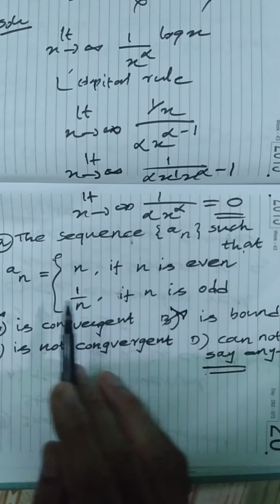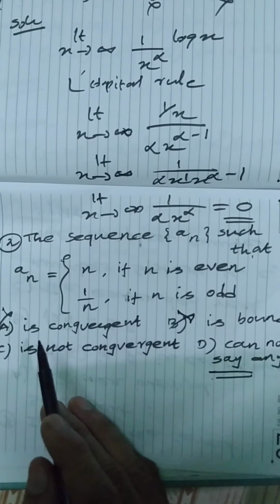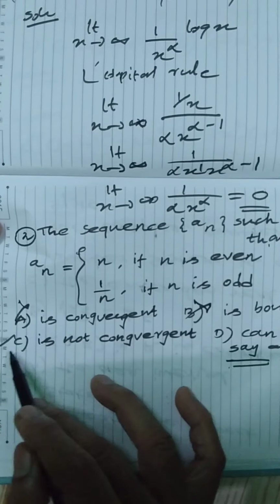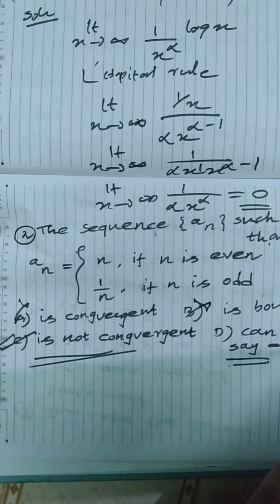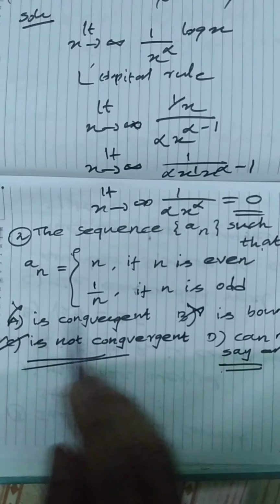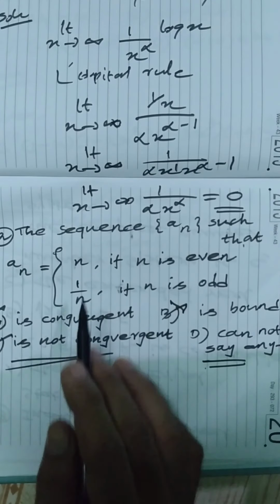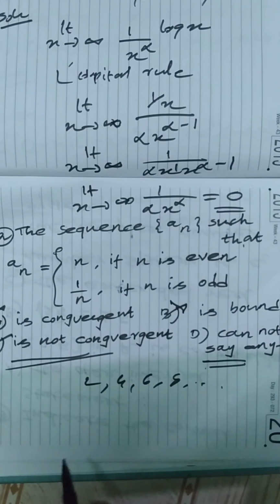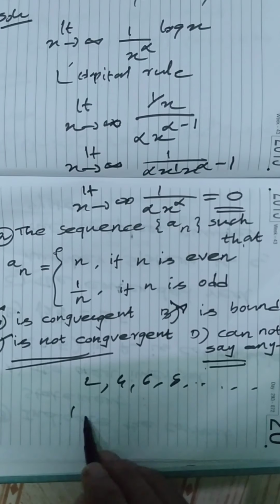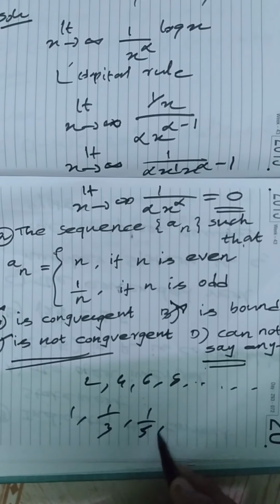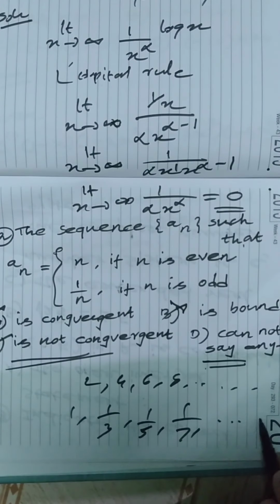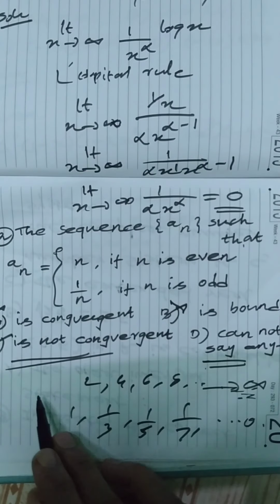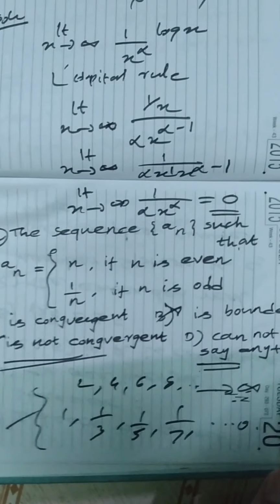Moreover, is convergent is also wrong. So very clearly, C is the correct option, that is, it's not convergent, because the sequence is 2, 4, 6, 8 and so on, then 1 by 3, 1 by 5, 1 by 7 and finally 0, but this one approaches infinity. So from this we get not convergent only.